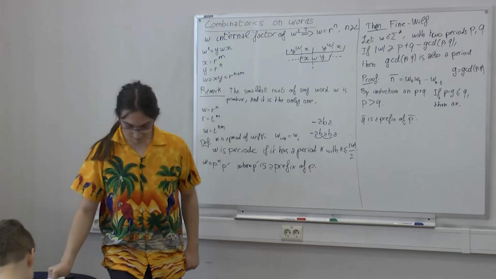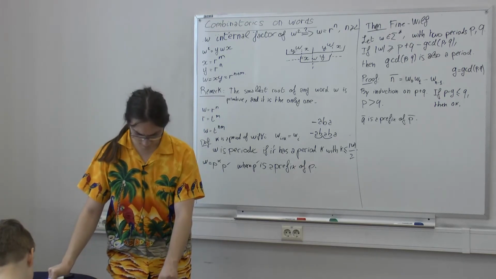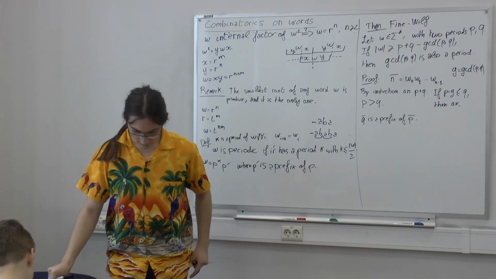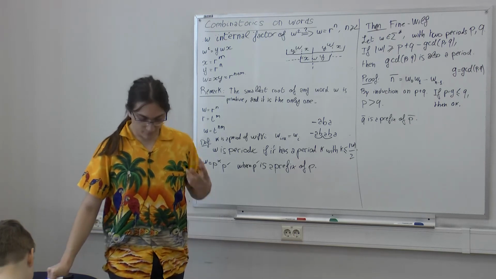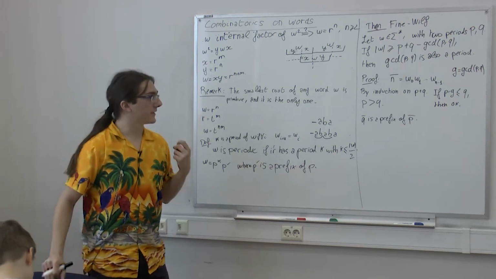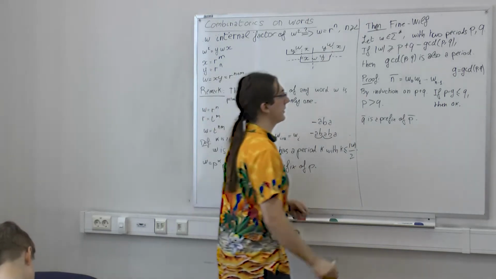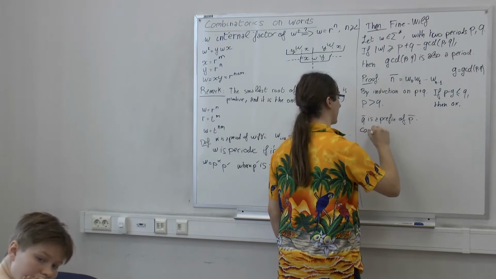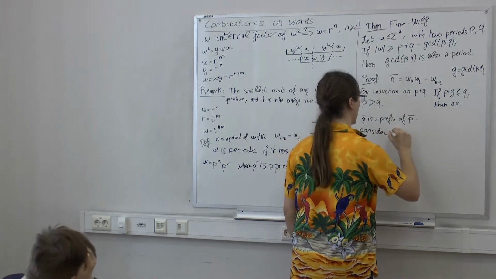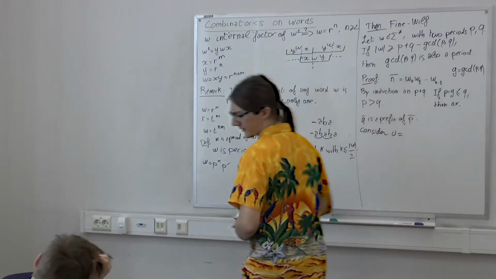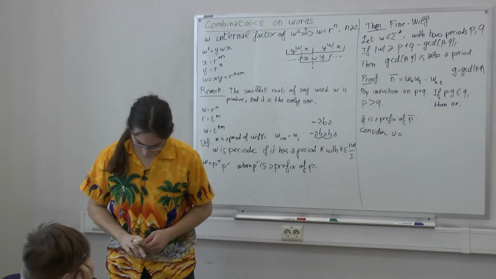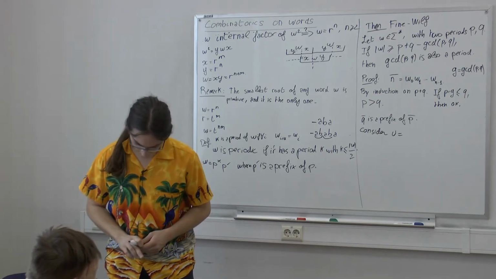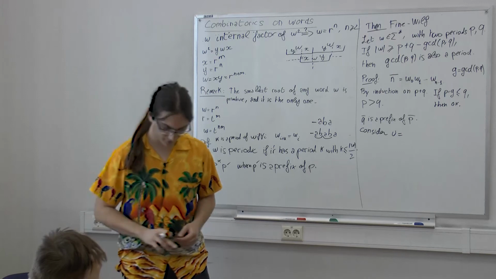P minus G. Yes, okay. And I will give a name. Consider U equal, I'm sorry, there is something unclear in what I prepared, so I need to improvise a little bit.